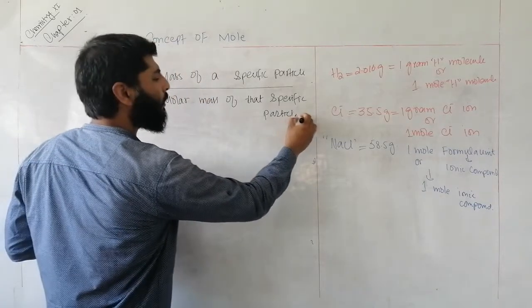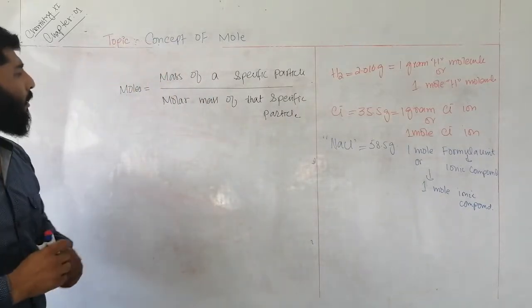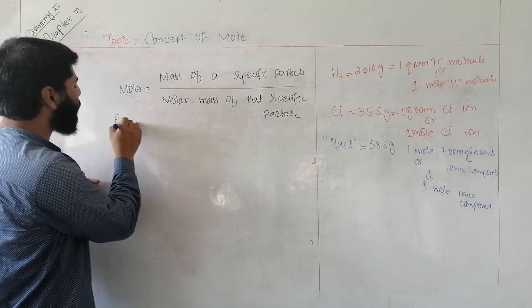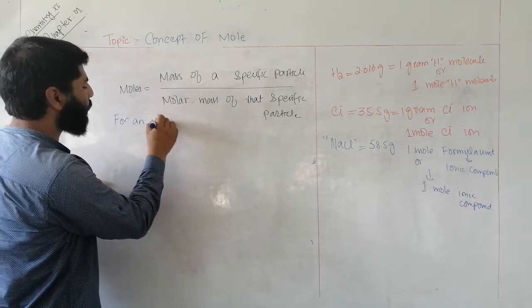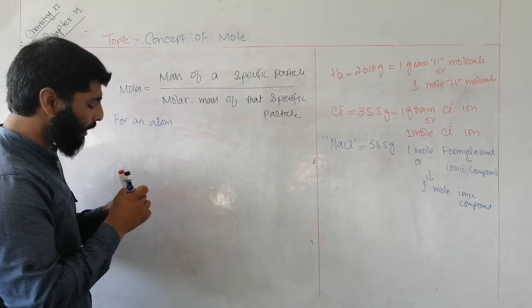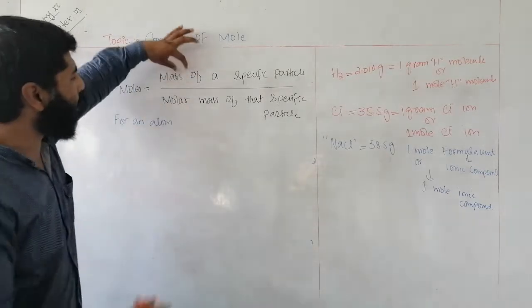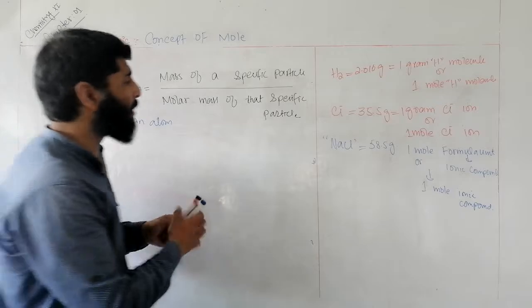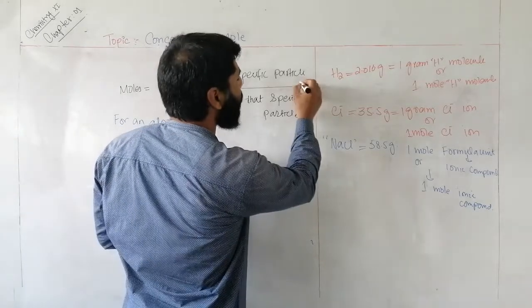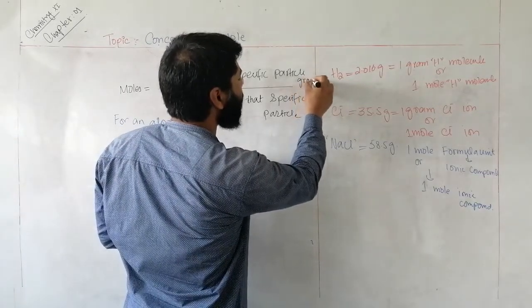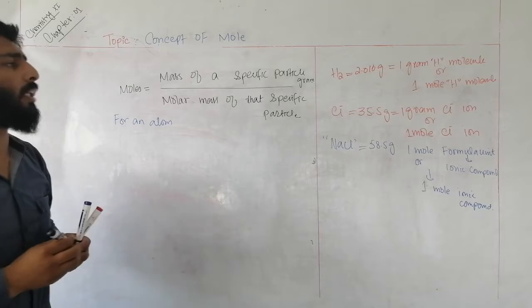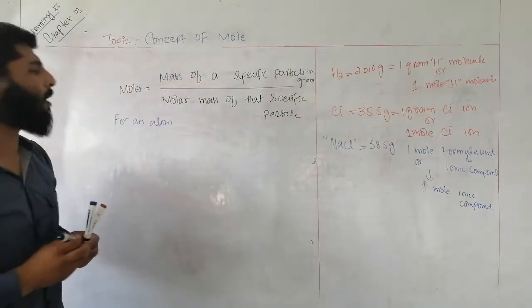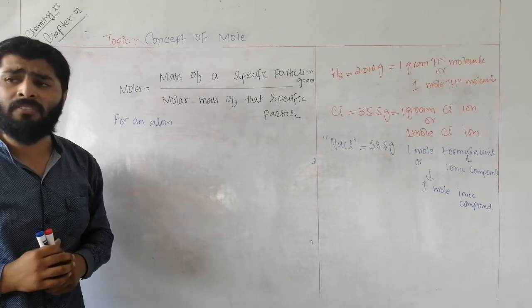For example, for an atom, it will be mass of an atom in grams. You can write it here as mass of a specific particle in grams divided by molar mass of that specific particle.